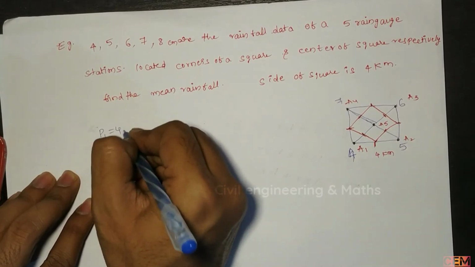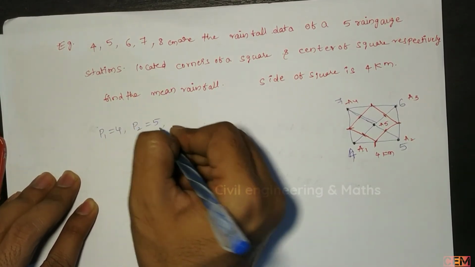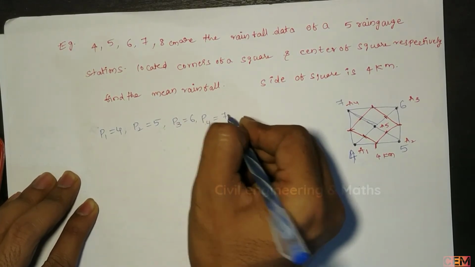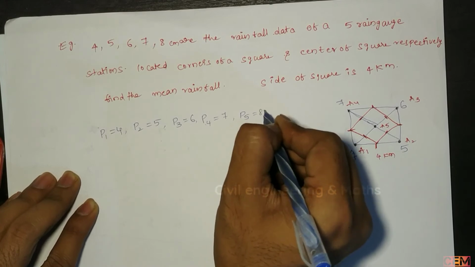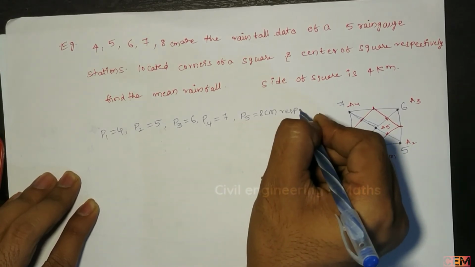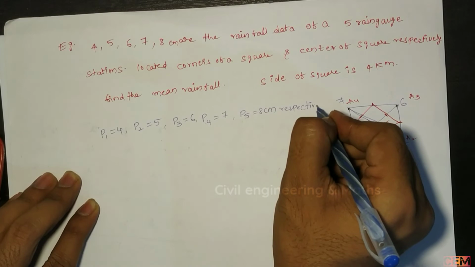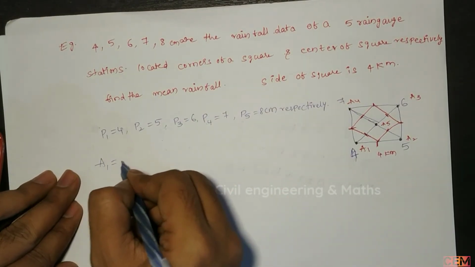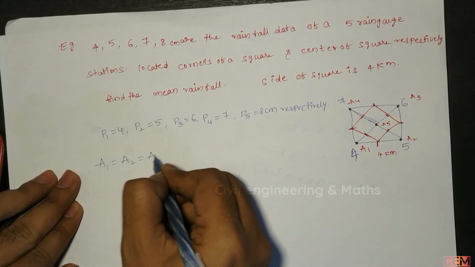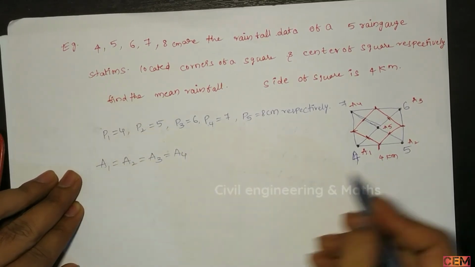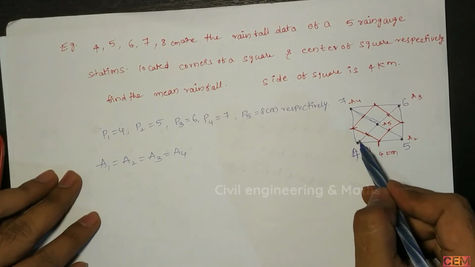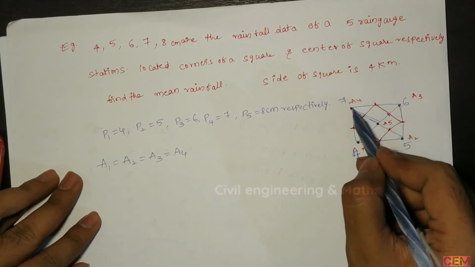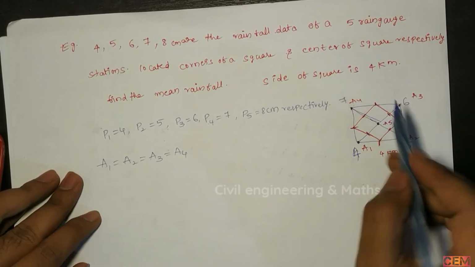P1 equal to 4, P2 equal to 5, P3 equal to 6, P4 equal to 7, P5 equal to 8 centimeters respectively. Then A1 equal to A2 equal to A3 equal to A4, because all these areas are the same. A5 is different.